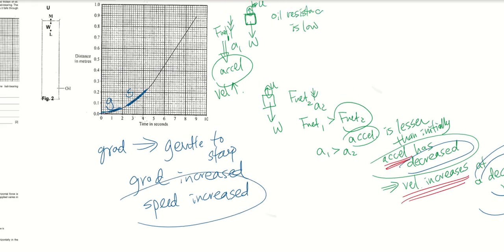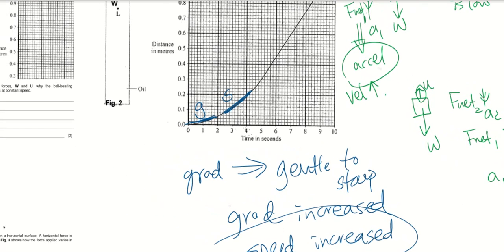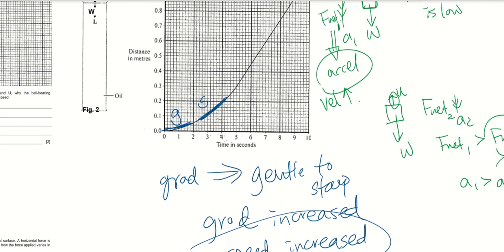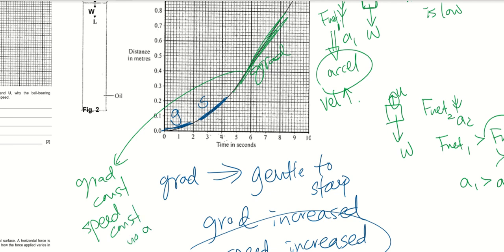That means there's acceleration. Okay, but later on when we come to here, we find that the gradient is constant. If the gradient is constant, it means that the speed is constant. That means no acceleration, right?